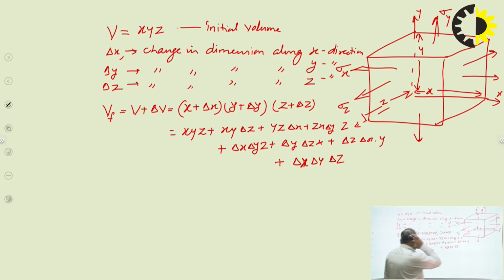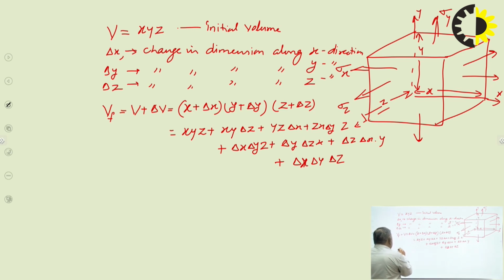I think this is the perfect product. So, this cube is made of some rigid material. In case of a rigid material, the change in dimension is very small. So, what we will do? We will ignore the product of two or more smaller quantities.